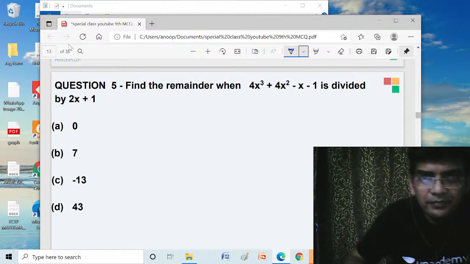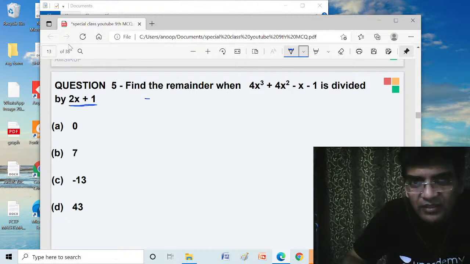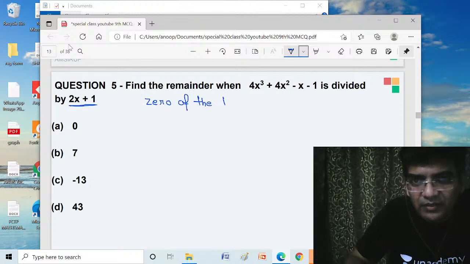Okay, now see how we find the remainder. Now this is the divisor. First of all, you have to find the zero of the divisor. So let us find the zero of the divisor. How will you do that?